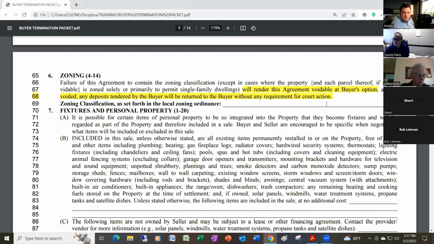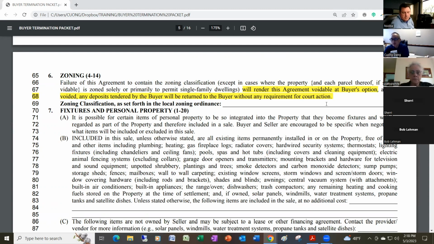So if I would read this, failure of this agreement to contain the zoning classification will render this agreement voidable. If you get rid of everything in parentheses. So you're saying that we have to have residential, we have to have something filled in that blank? Well, except in cases where the property is zoned solely or primarily to permit single-family dwellings. So except in case.